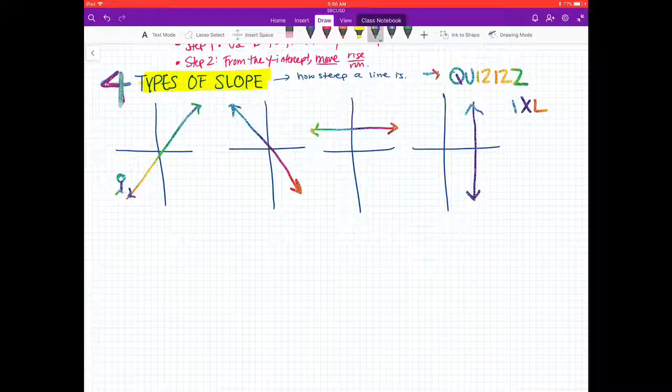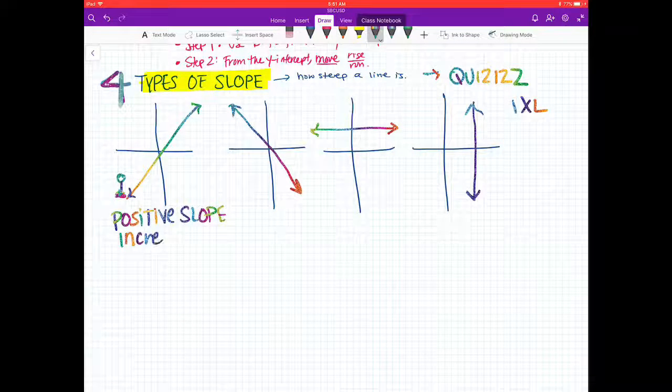If you put your little guy here, you always put your little girl or guy here, okay? Are they going to go up or down? They're increasing. So this is positive slope. It's also called increasing slope.